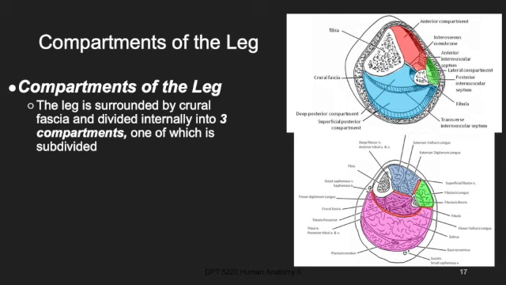We have an anterior, we have a lateral, and then we have 2 posterior compartments, a deep and a superficial. Very important to know what structures lie in each of those compartments. And then you're going to see that there's a lot of commonality between them. They have common functions, they have common innervations, they have common blood supply. But it really starts with understanding where those compartments are and what structures are contained within those compartments.